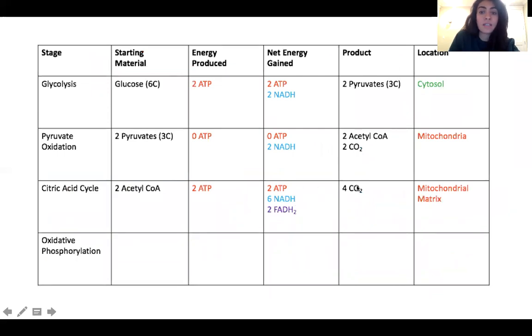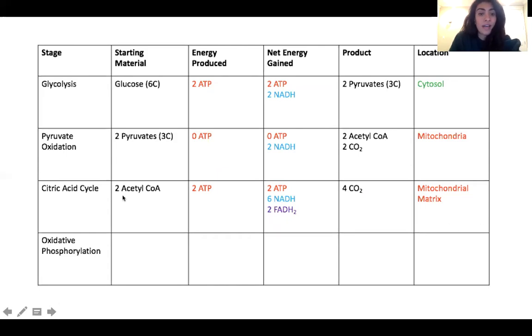And in this process, we're breaking it down into carbon dioxide. So notice how I wrote 2 acetyl-CoAs. 2 acetyl-CoAs would make 2 ATP, 6, and 2. But if I'm talking about 1 acetyl-CoA, just make sure to divide everything by half, right? So 1 acetyl-CoA can only make 3 NADH, not 6, right?